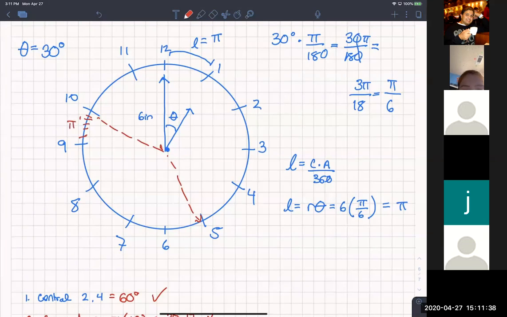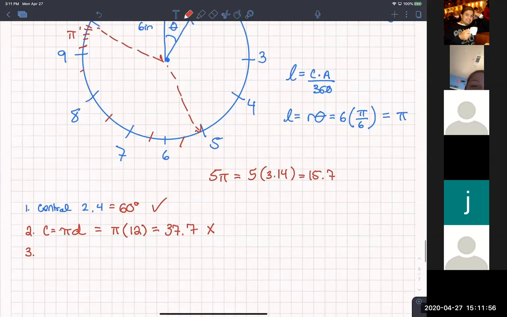How many wedges do you have? 1, 2, 3, 4, 5. That's 5 pi, which is 5 times 3.14, approximately 15.7. Oh, okay, then that's true.